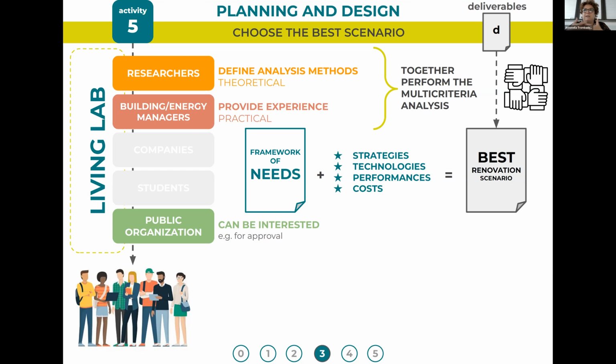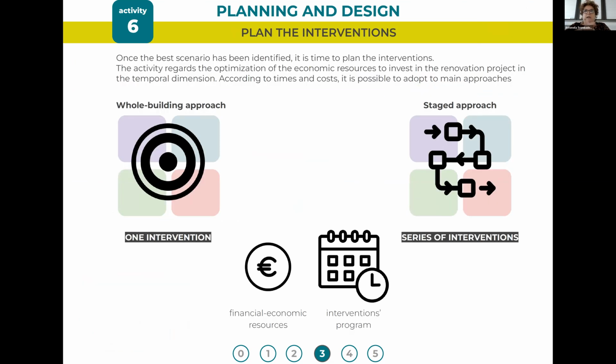So the multi-criteria analysis will support, not only as a decision support system, but will support the retrofitting process as a communication tool to demonstrate the value and to demonstrate the benefit of the retrofitting action. After this, it's possible to plan the intervention. So we select the best scenarios.